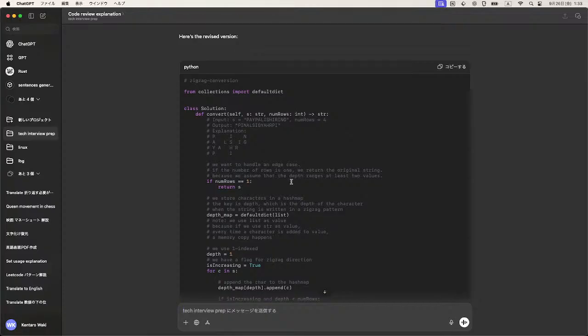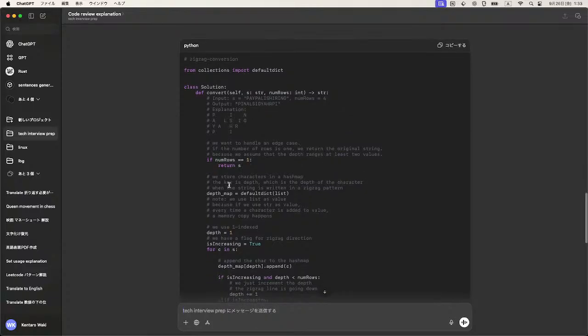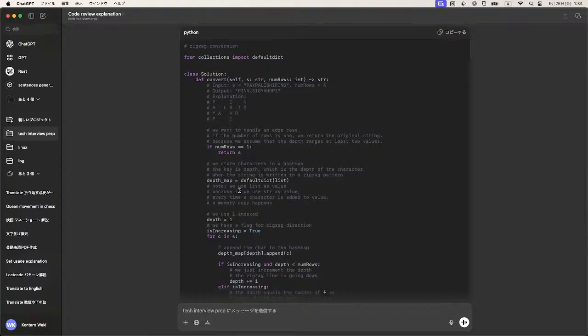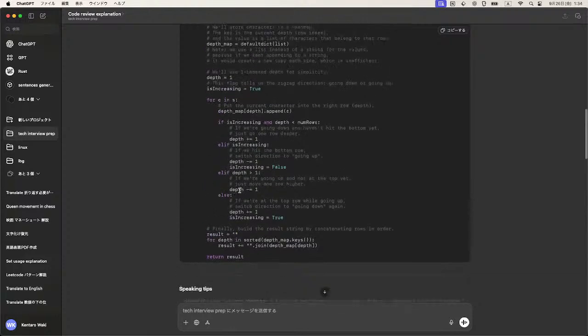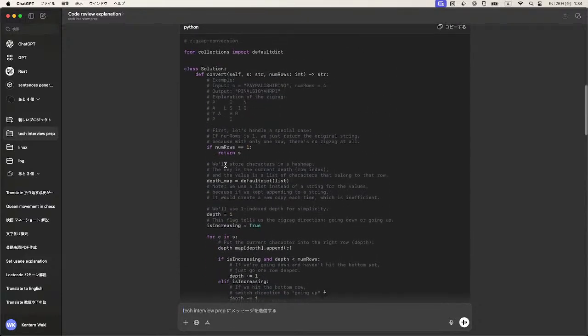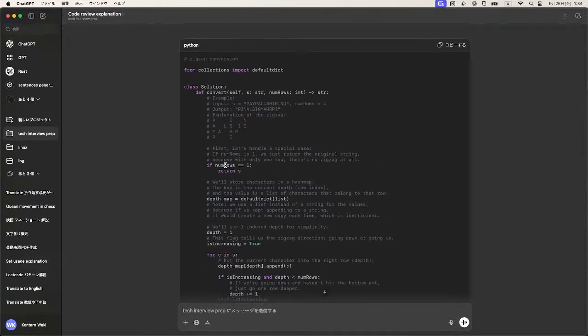We assume that the depth range is at least 2 values. We'll store characters in the hash map. The key is the current depth row index.